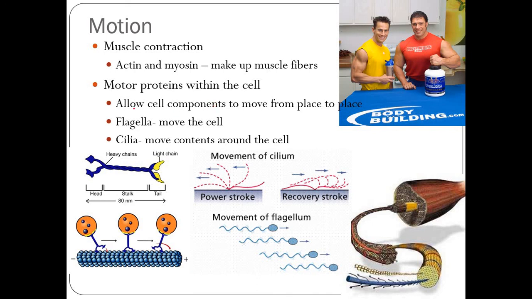And these motor proteins allow the cell components to move from place to place. So for example, you have flagella. It moves, if you read about flagella, it is the one that causes the cell to move. Okay, so we have cilia, and this moves the contents around the cell.